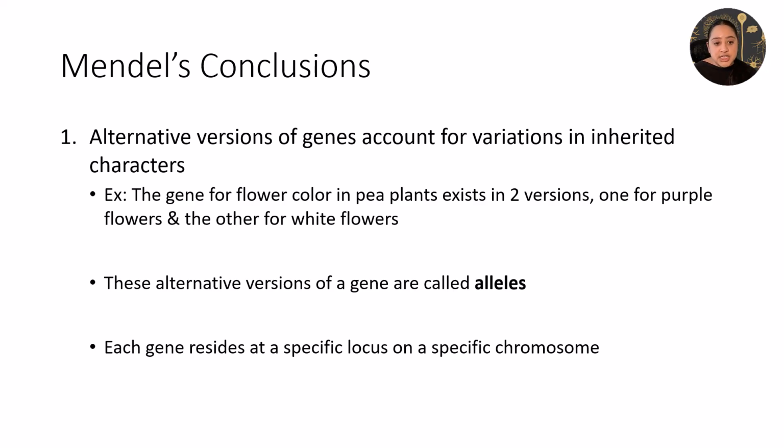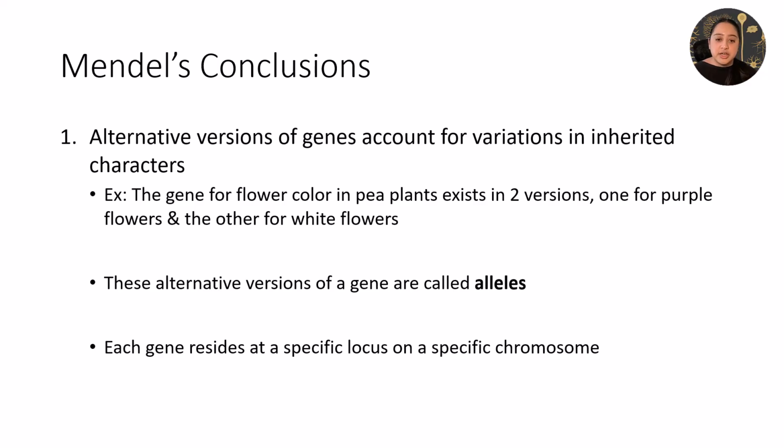Each gene can be found at a specific location on a specific chromosome. Plants have a bunch of different chromosomes, but certain genes will always be located on a particular chromosome.